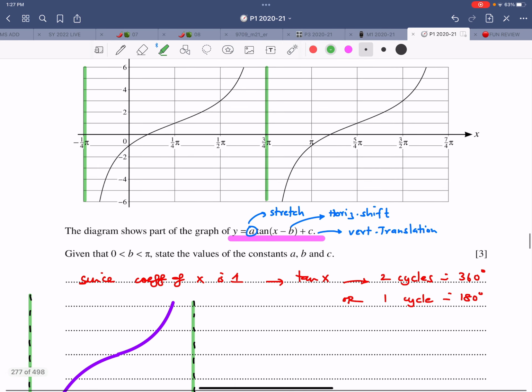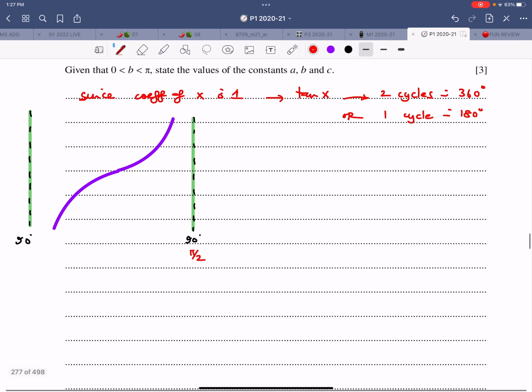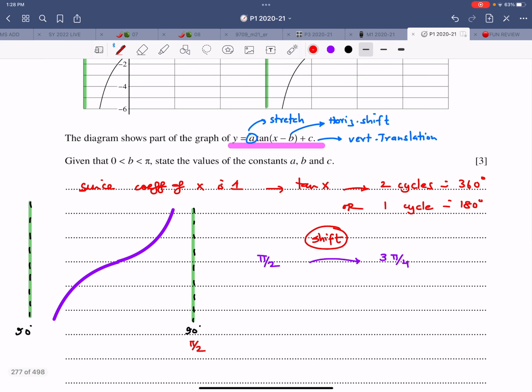The original one was pi by 2. 90 degrees is basically pi by 2. So the asymptote is shifted. Pi by 2 has now become 3 pi by 4. What is the shift? That is the shift that we are looking for. That shift is minus b. Minus b means shift b units to the right.